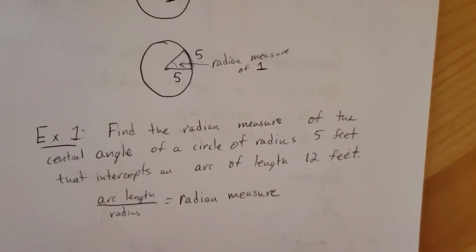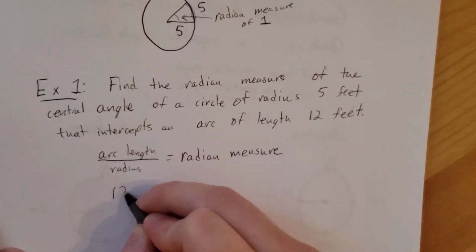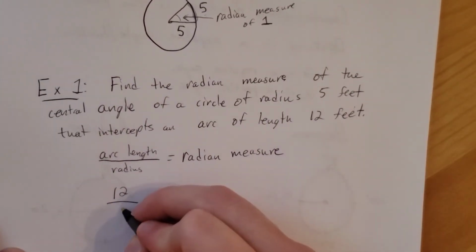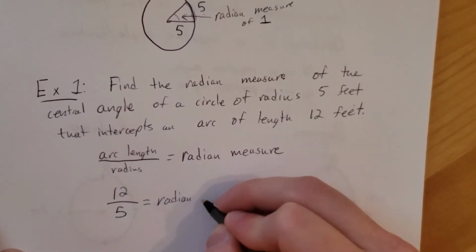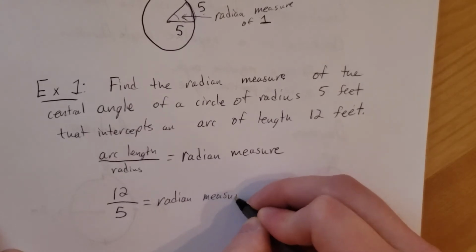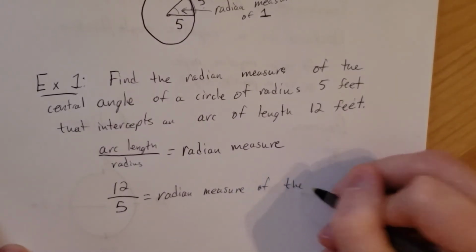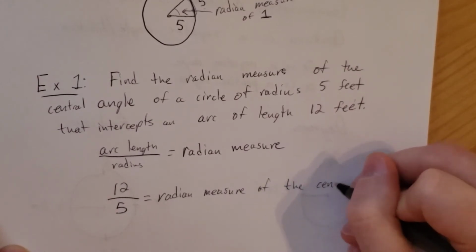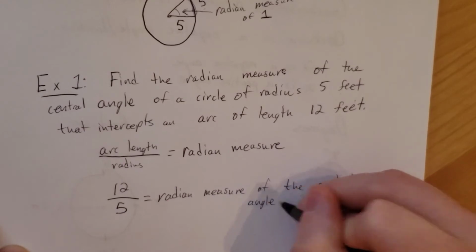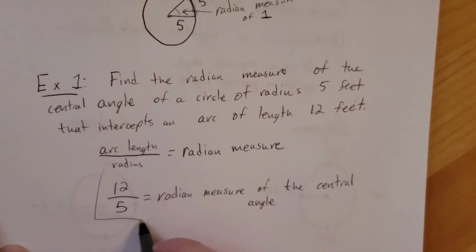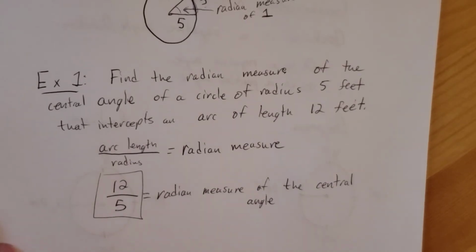For this particular problem, our arc length is 12 feet, our radius is 5, and so the radian measure of the central angle is 12/5. And that is the answer to our question.